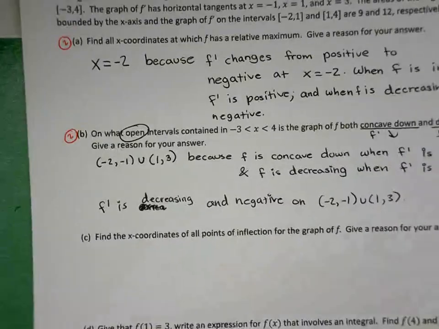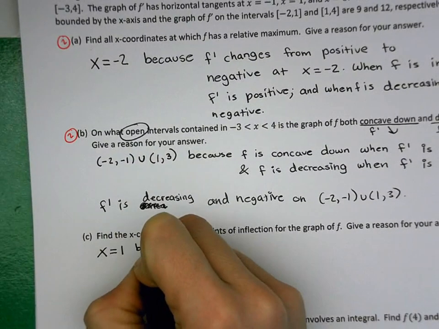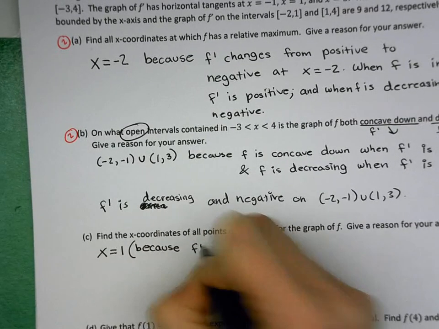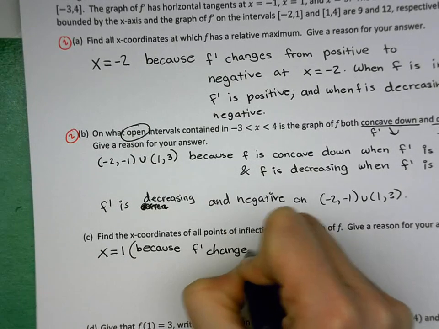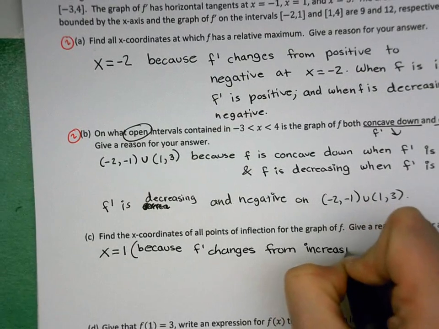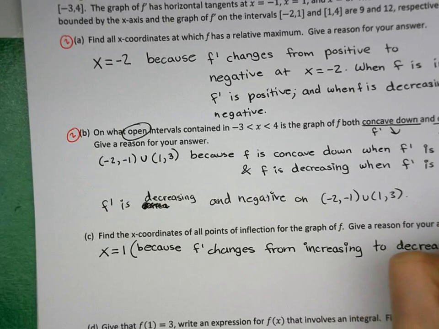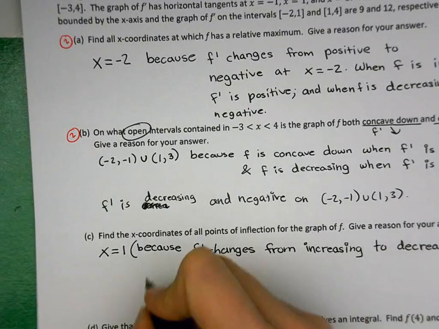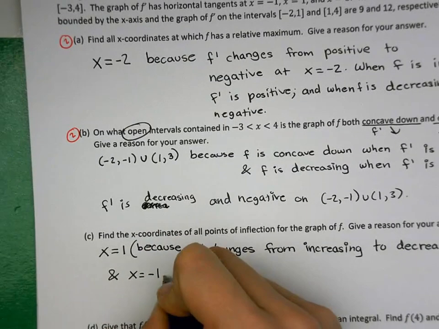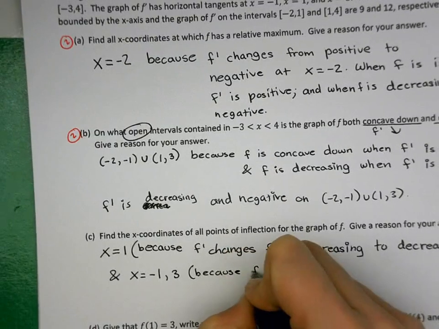My points of inflection are at x equals 1, because f prime changes from increasing to decreasing. And x equals -1 and 3 because f prime changes from decreasing to increasing.